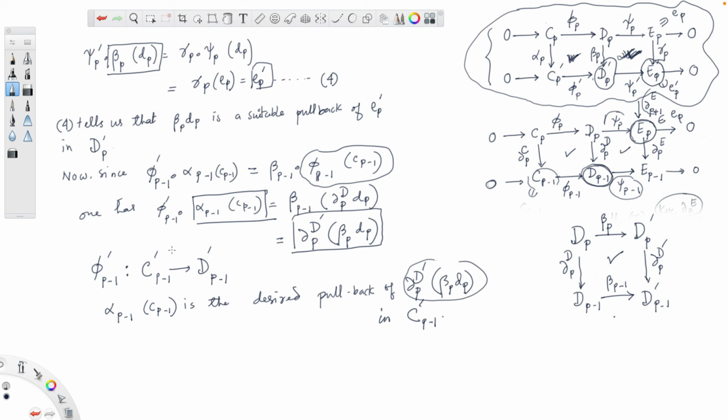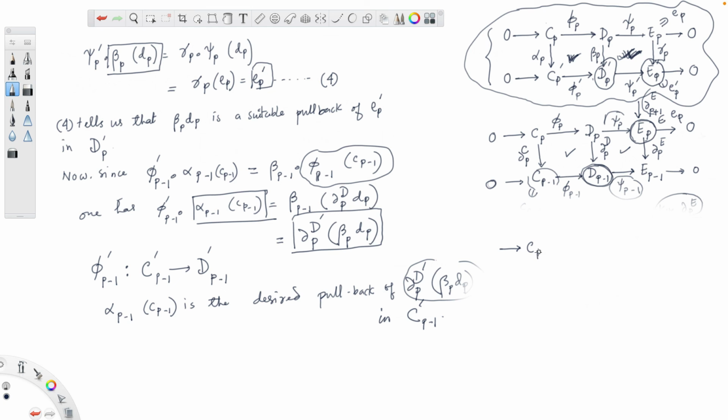Now let me erase the last diagram and draw this diagram. This will illustrate the fact more clearly.